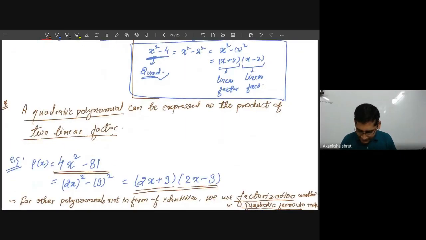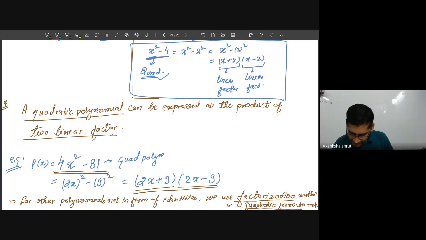One more example I have taken, where this was a quadratic polynomial.